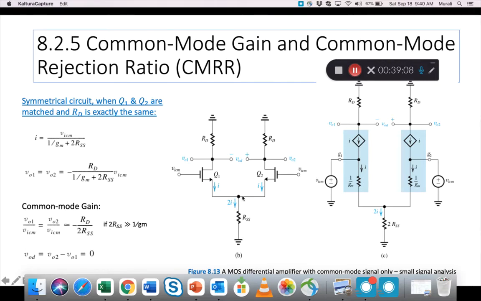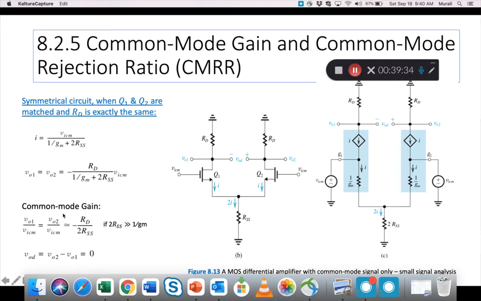And this was a common ground point. But now between this point and here, we actually have another resistance. If such is the case, and you have an input signal VICM, which is an unwanted input signal, then that appears on the output also.